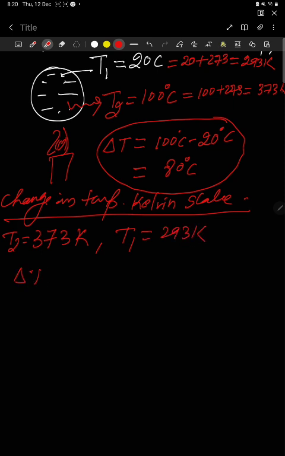Now find delta T. Delta T will be 373 minus 293, so it will come 80 Kelvin.